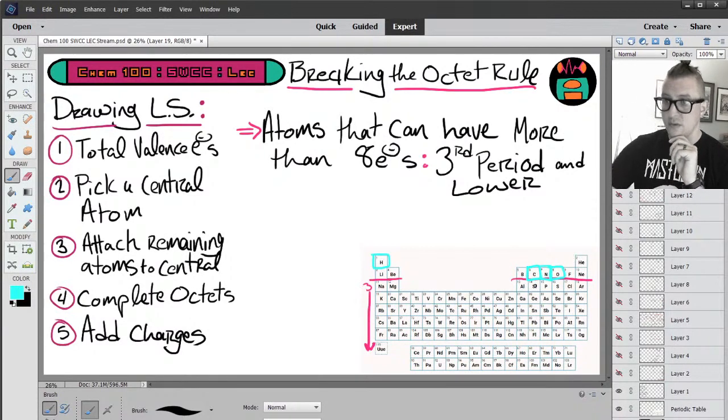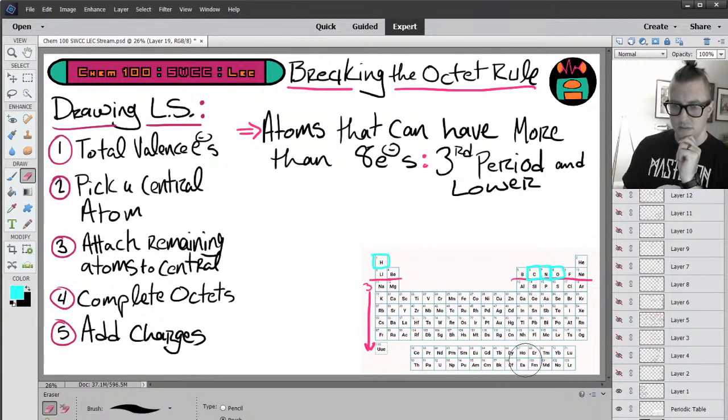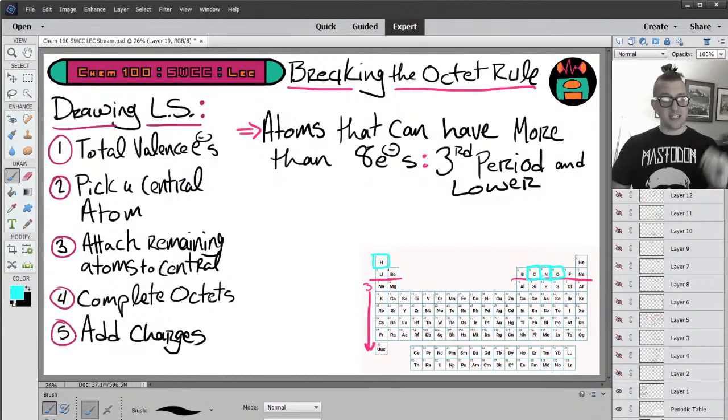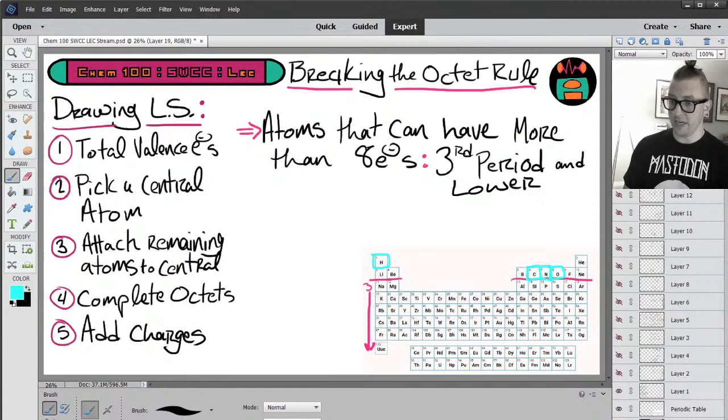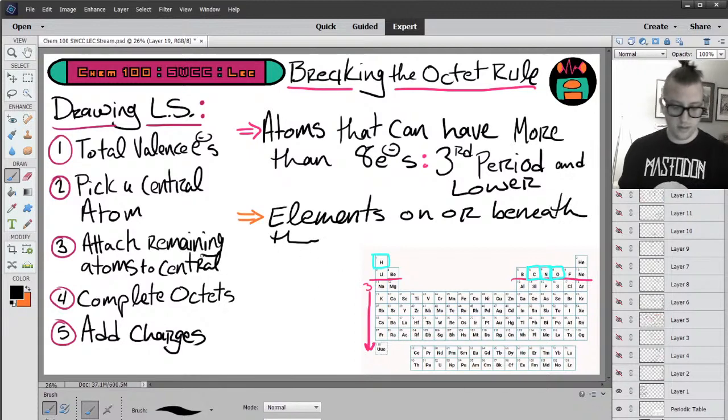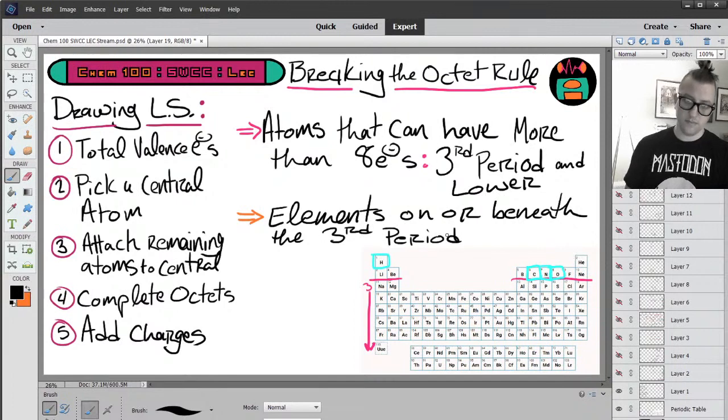Here's where this matters for us. Elements on or beneath the 3rd period make the best central atoms.